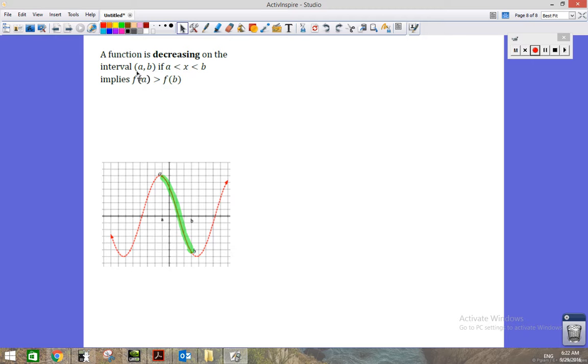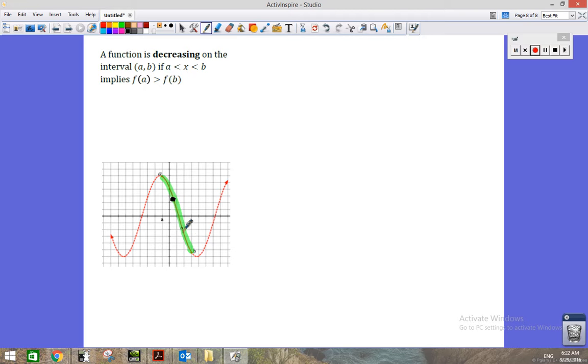If you like to think of that in terms of an inequality, that means that the point of interest, x, the x-coordinate on this point, if it's between A and B, then it's on the part of the graph that we're interested in, that I have shaded here in green.